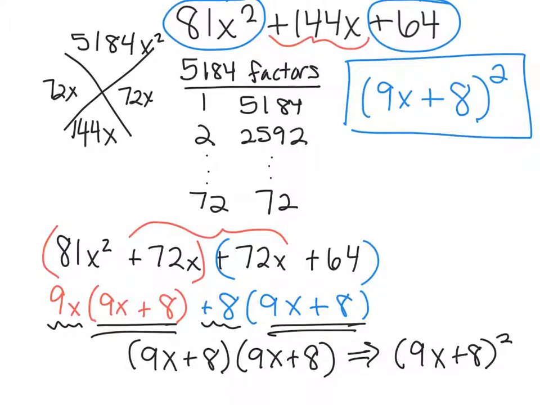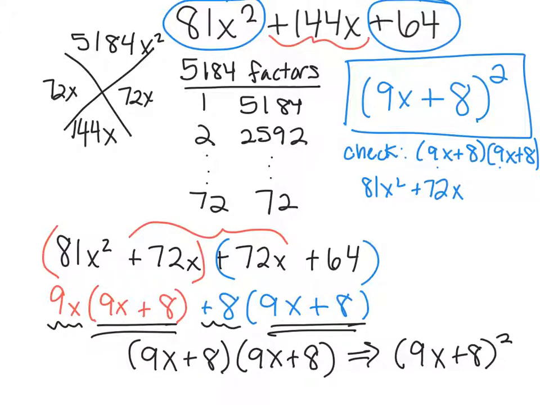That would be the shortcut method to be able to do a perfect square trinomial. You would need to recognize that the a term and the c term are both perfect squares. And we can always check our work by rewriting 9x plus 8 squared, which means 9x plus 8 times 9x plus 8. 9x times 9x is 81x squared. 9x times 8 is 72x. 8 times 9x is 72x.